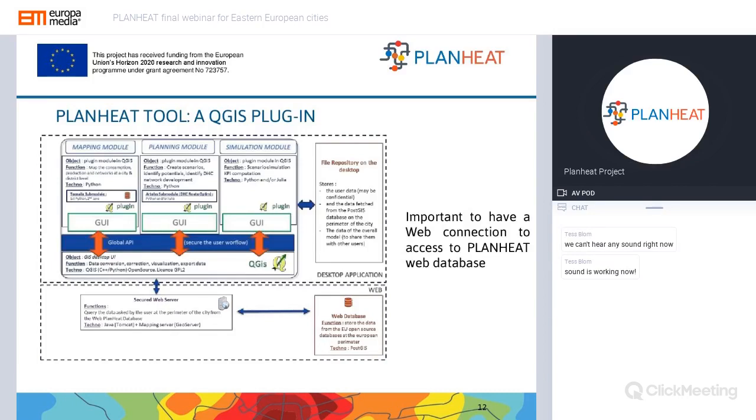The PLANHEAT tool is needed as desktop-based software, but some of the parts rely on web server data. Therefore, it is quite important to have a continuous web connection to the PLANHEAT web database.